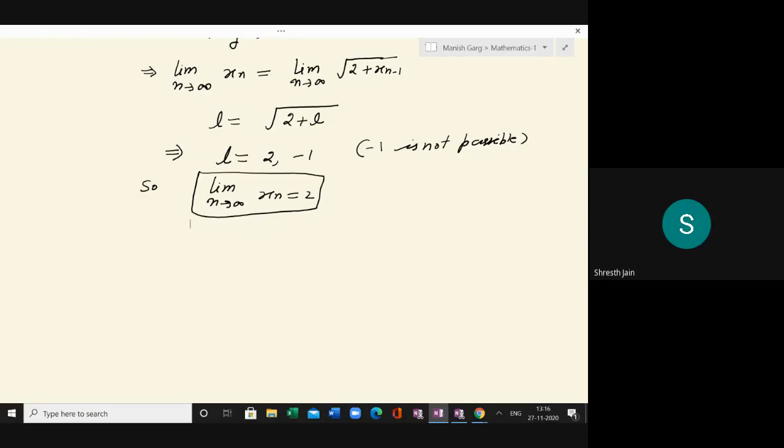Sir, how do we claim that xn is less than 2? I have told the answer already, but I am explaining again. This is an idea, because the sequence is written like root 2 plus root 2 plus root 2 plus root 2, so I am guessing 2 may be the upper bound.